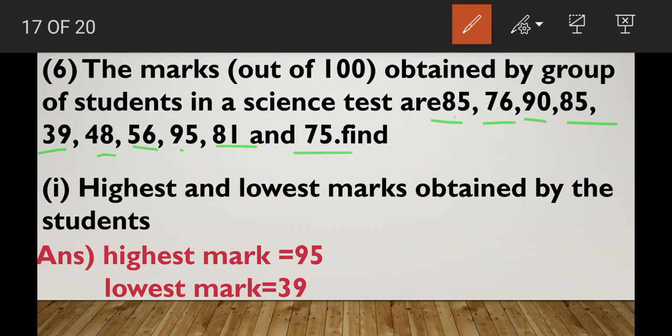So 10 marks are here. First question is highest and lowest marks obtained by the students. It's clear, right? Highest mark is 95. Just check the marks, you will understand it is 95. Lowest mark, which is the lowest mark here? 39. So that's the first question.